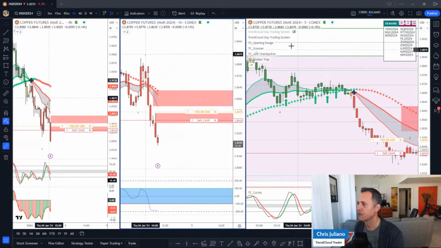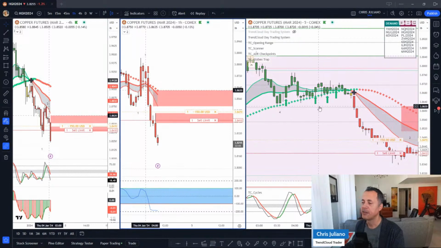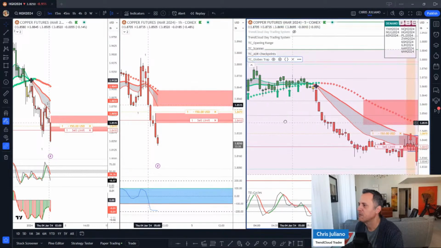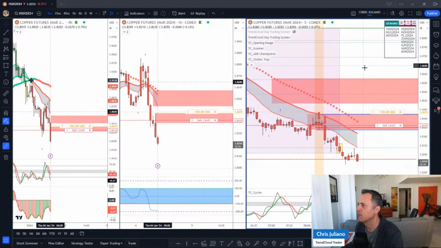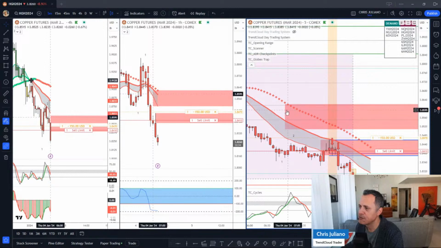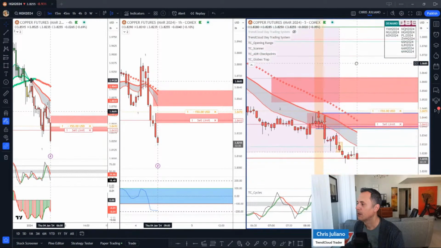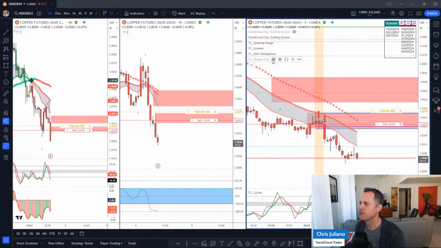With the Globex trap, the ATR becomes exhausted around 75%, and what they teach over at the Trading Academy is once you get to 75%, this thing might start to reverse. Okay. So it's just another way of looking at the market, and it also boxes out the overnight session.